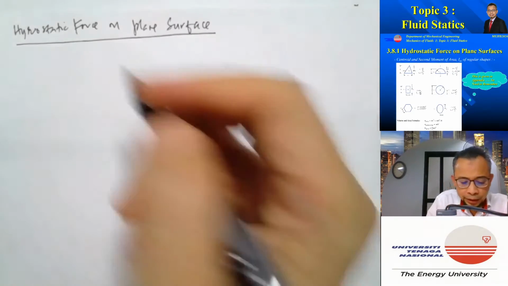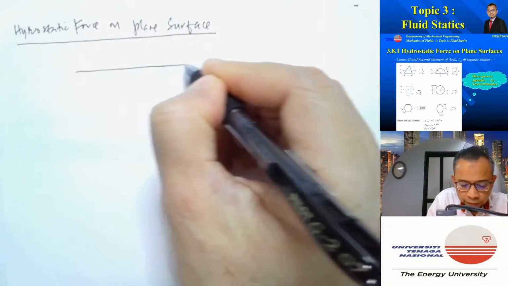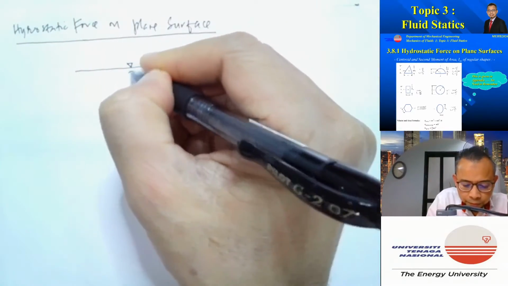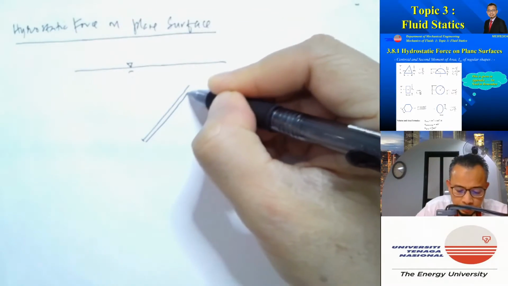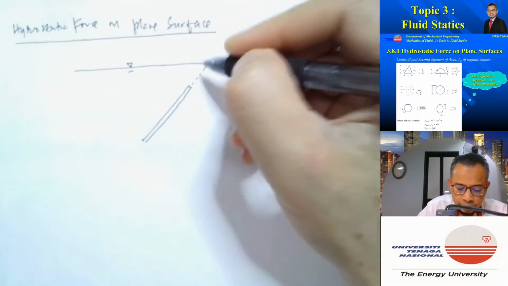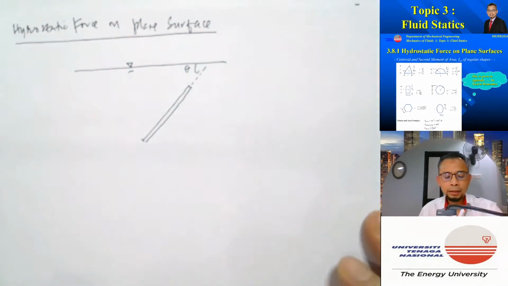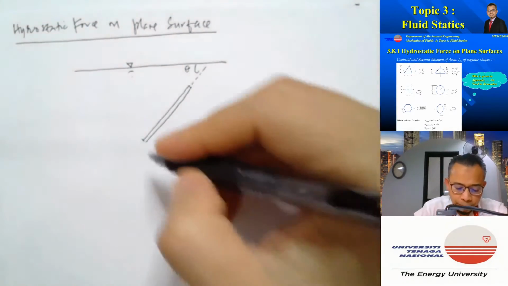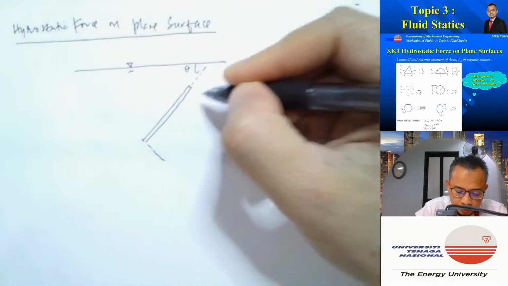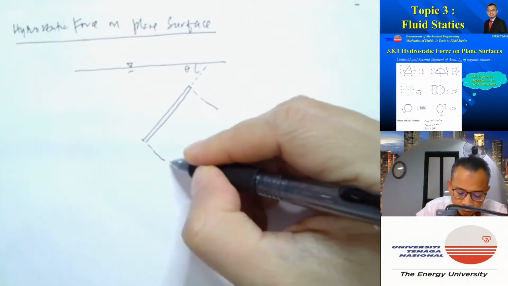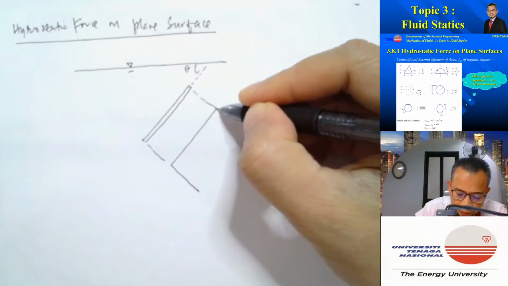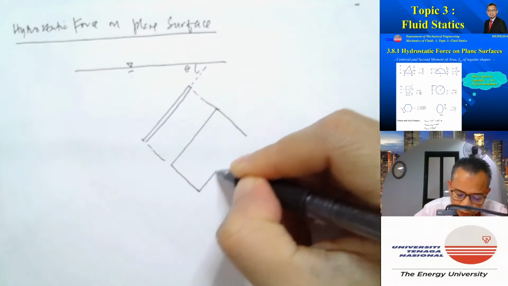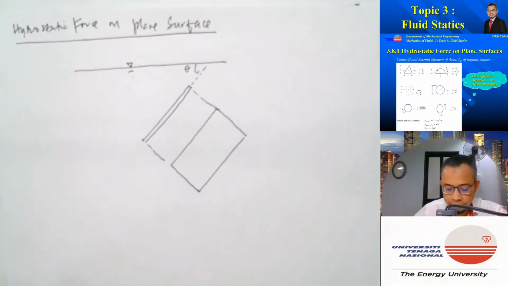So as a summary, say we have a liquid and a submerged plane surface slanted at an angle theta. What we need to do is first of all view the surface from the normal view, and let's say we consider a surface which is symmetrical about the y-axis.